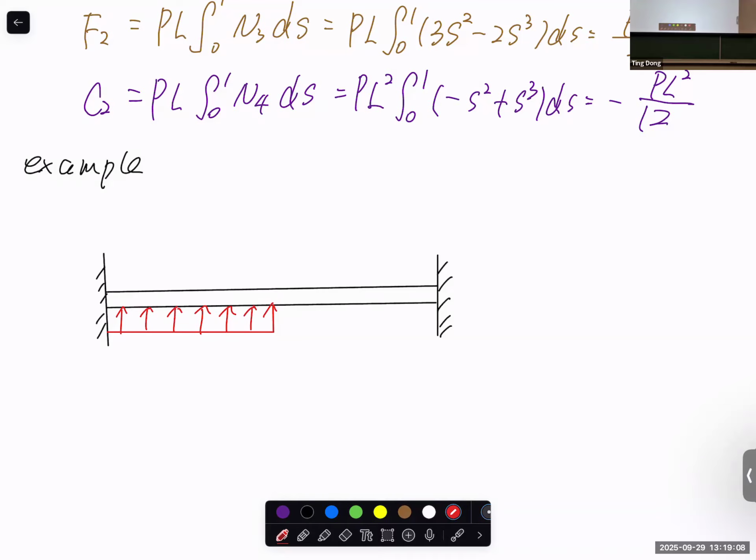And on the right half, we also have a uniform distributed force, but it is applied downward. Also, there's a concentrated force applied at the middle point. Let's say the concentrated force is F, and we have a couple applied at the middle point, which I put as C. For the uniform distributed force, the magnitude of both is P naught. The only difference is one is upward, one is downward.